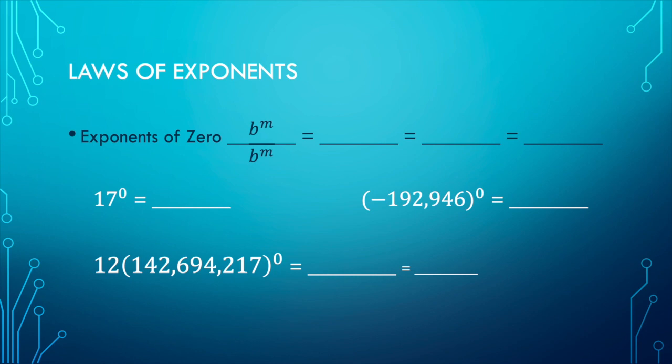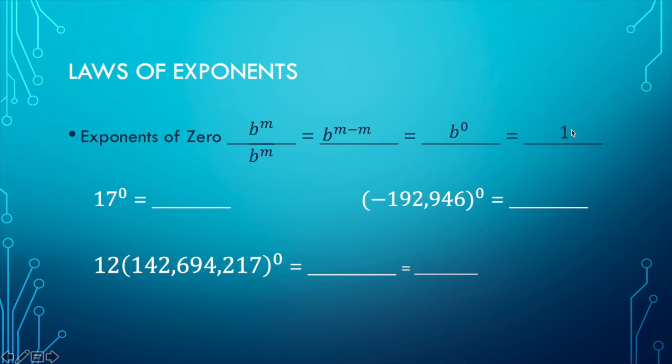Well, if I apply the quotient rule to that, that means I get b to the m minus m, which is b to the 0. But we just got done talking about the fact that if I have the same thing in the numerator and the denominator, that is the same as 1. What that means is anytime I have any base raised to the 0 power, the output will always be 1.